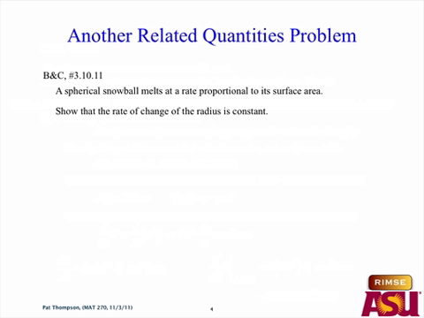Here's another one from the book. A spherical snowball melts at a rate proportional to its surface area. Show that the rate of change of the radius is constant. Okay, so before we get into all the suggestions and advice that I had for you before, let's just flesh out what this means.